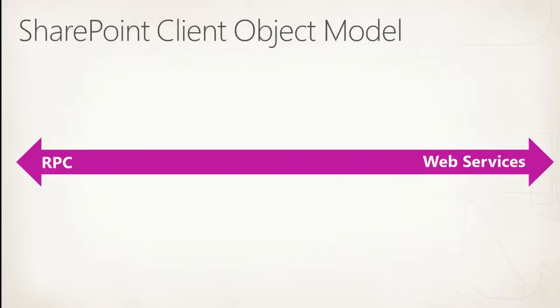The SharePoint client object model is an interesting and unique way of doing remote client operations. Imagine a spectrum of different kinds of technologies. On the far left you might have RPC, which feels like an API. Basically, you're interacting with objects, but every time you touch something, it causes packets and network transmissions to occur. And it's stateful, which means that, being like an API, when you assign properties on something, it remembers them and they act like objects.